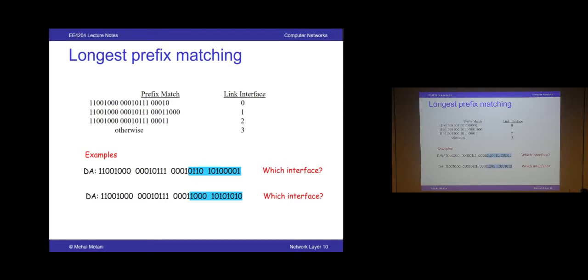So, for example, if I have this routing table with 4 entries, it captures all 2 to the power 32 destinations. So I have 3 ranges and a catch-all otherwise.